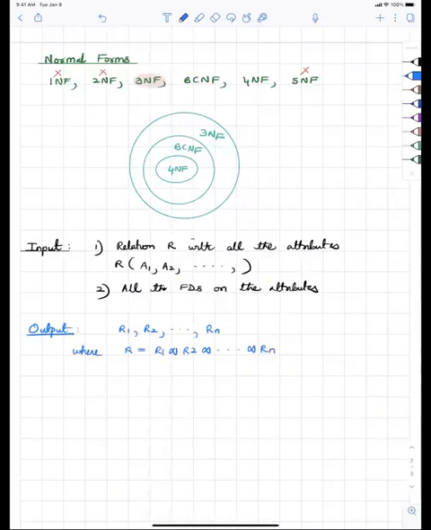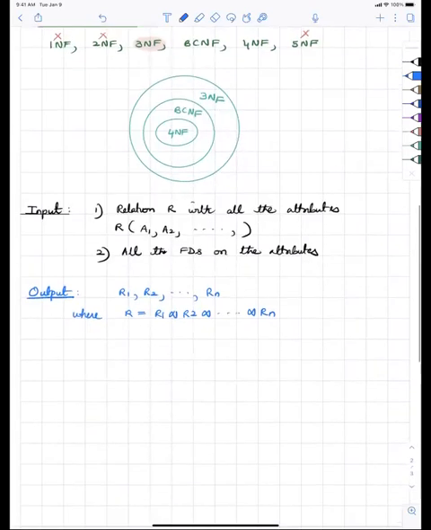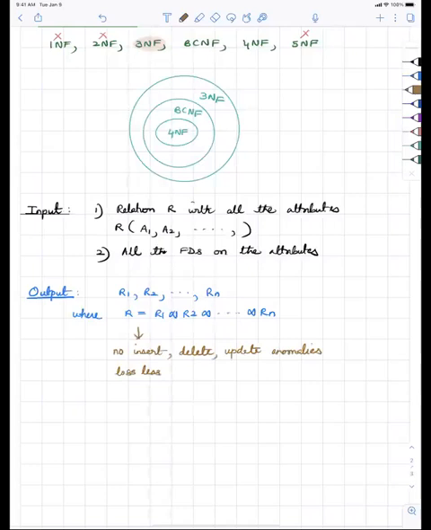That's very important, because if they're not normalized, you might have all those anomalies that I showed you in an earlier class. So this is such that there are no insert, delete, or update anomalies. So it's a lossless join. You're not going to lose any data, nor are we going to get any false tuples.